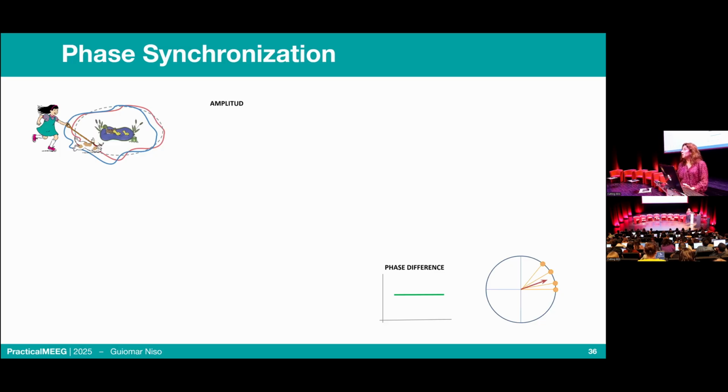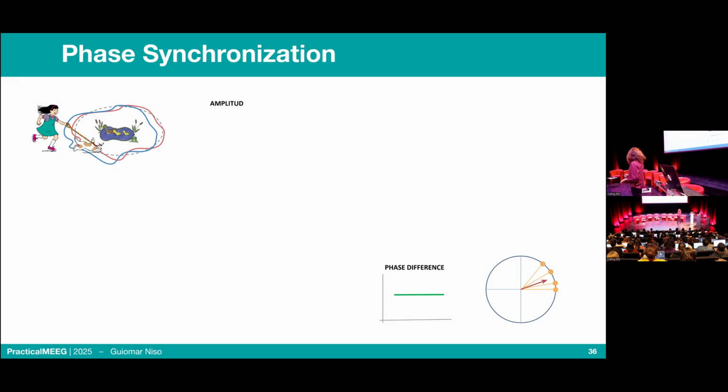So I'm going to introduce another concept, which is phase synchronization. Imagine you have a dog, and you want to go to a park and walk your dog around a lake.